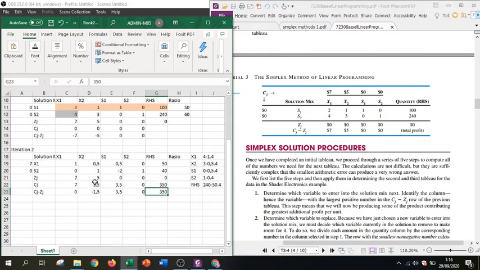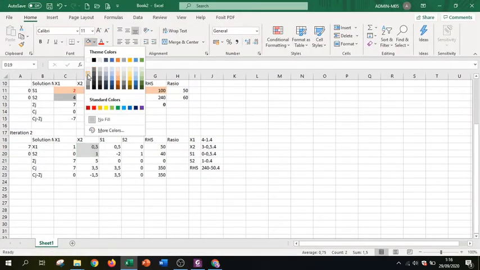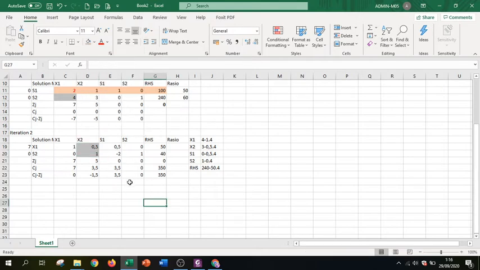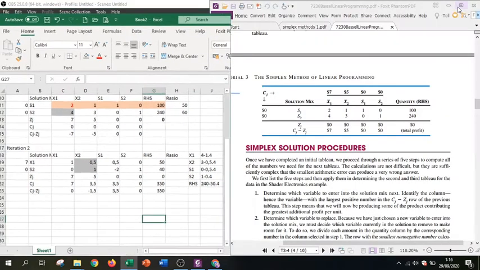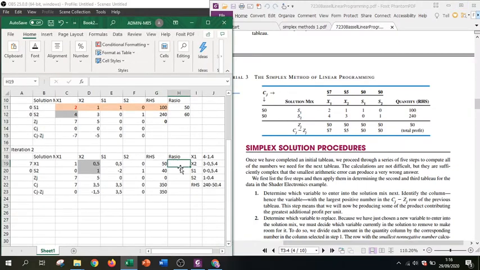So we can find the pivot column, yeah. This is the pivot column, and then we can find the ratio to determine the pivot element, the ratio from this divided by this.